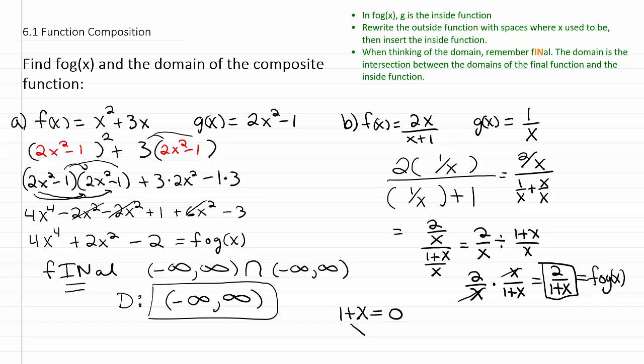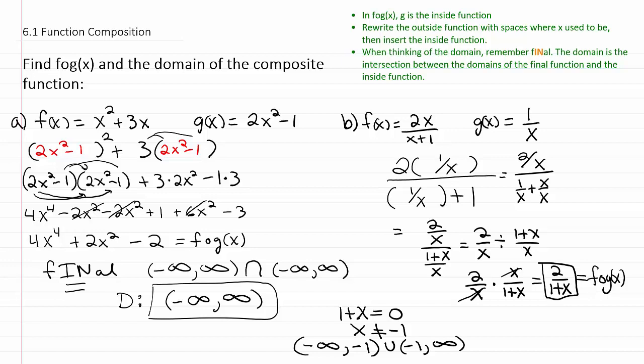That means that x cannot equal -1, because if x was -1, then 1 plus -1 would give you 0. So we have a restriction there, and that means that the domain at that point is going to be from -infinity up to -1, but don't include -1, then pick up from there at -1 and go all the way up to positive infinity.